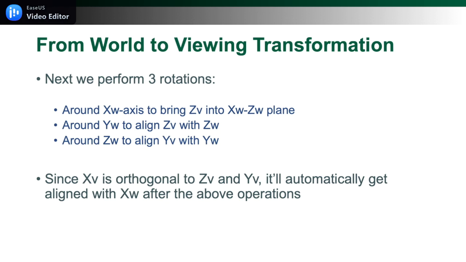Once that has been done, we rotate around ZW to align YV with YW, and since the axes are orthogonal to each other, XV is aligned with XW once we have done the third rotation.